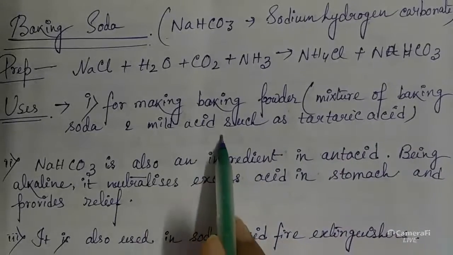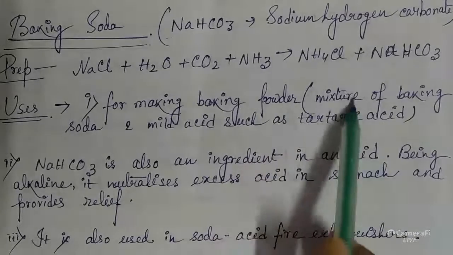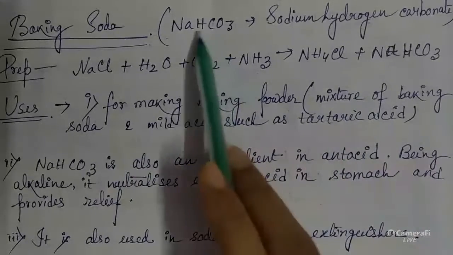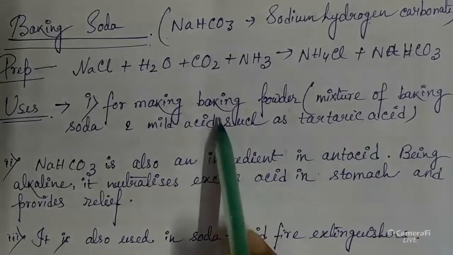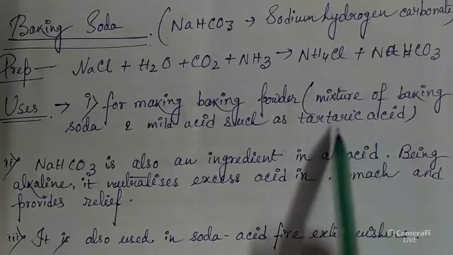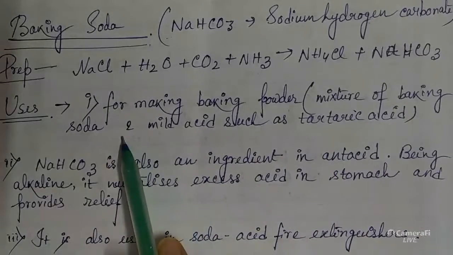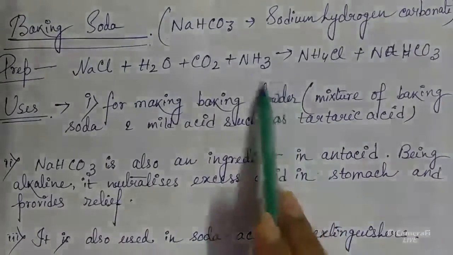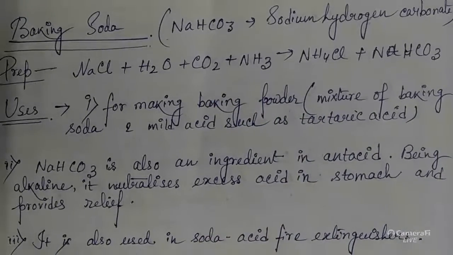Okay, that means it is a very mild acid, and baking powder is just a mixture of baking soda, that means sodium hydrogen carbonate, with a mild acid, tartaric acid. When we mix tartaric acid with baking soda, that means sodium hydrogen carbonate, that time we get baking powder. Understood?